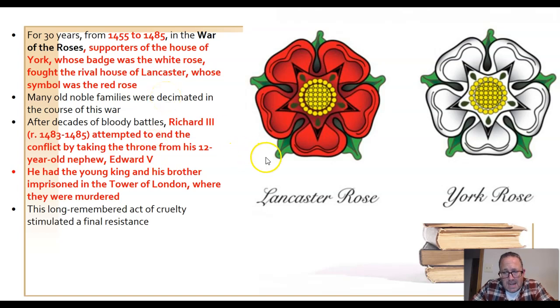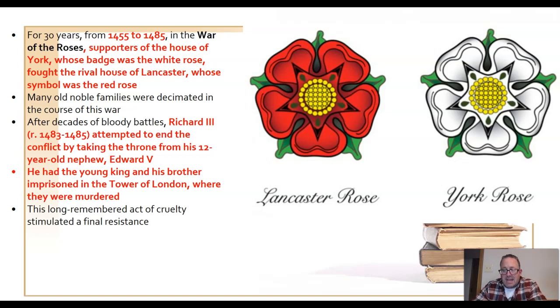The reason why is because each of these opposing families of the royal house has a rose as their symbol, like a badge. So it's the red Lancasters versus the white Yorks. And so it goes back and forth. Now, in a later lesson or video, I'm going to discuss the War of the Roses in more detail.